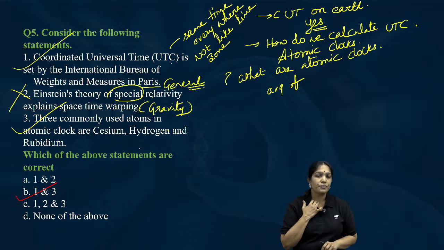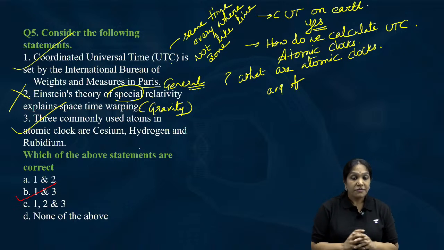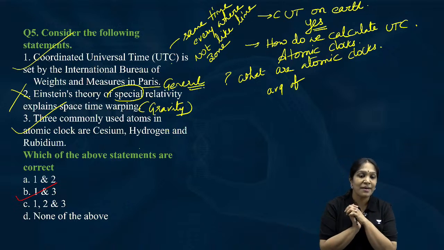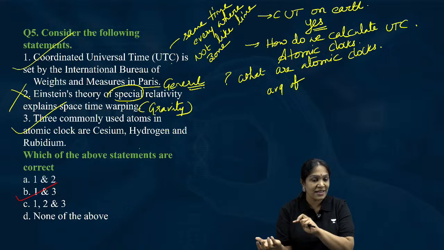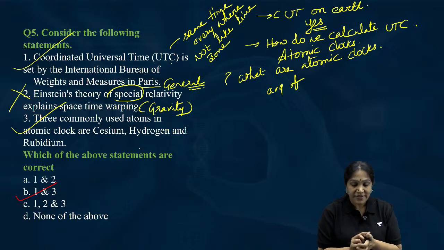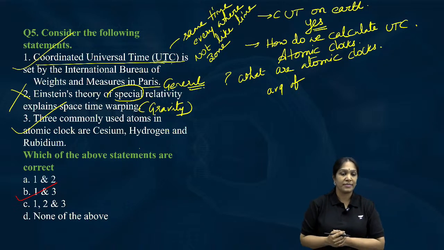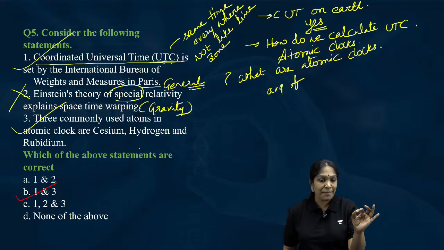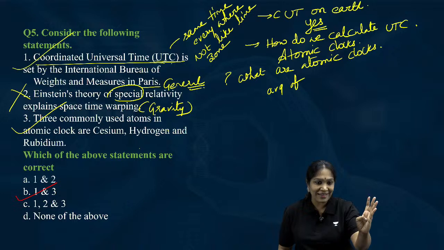Now you may get one doubt. Why are we suddenly discussing the general theory of relativity and special theory of relativity? What is its relation with coordinated universal time? Is the question clear? Why are we discussing Einstein suddenly?